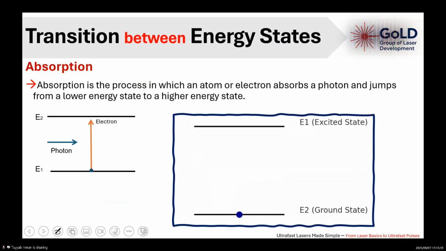Now we finish the properties, and we will move towards energy states. You know, all of you studied basic physics, and in the atom there are energy levels, low energy levels and higher energy levels.